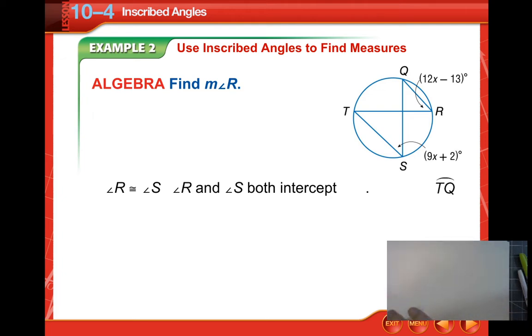So let's try to dissect that together. We have a line cutting it right in half, something over here. And then this goes here to here, and this goes here to here. Okay. So we know this is 12x minus 13, and this is 9x plus 2.